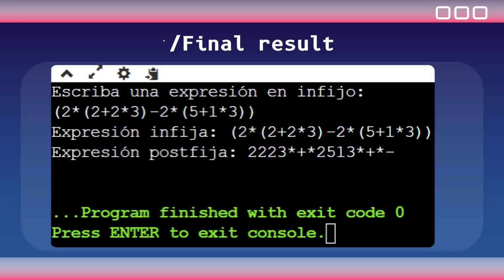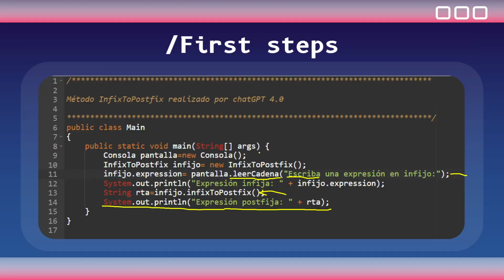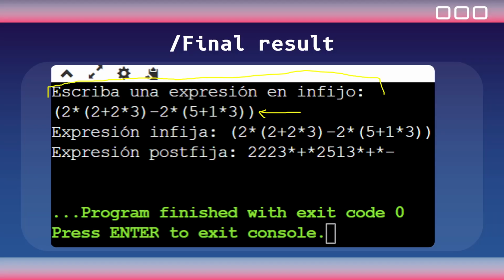Now, this is our example. Escriba una expresión en infijo. This is our expression by console. Why? Because I told you that this console is just like a scanner, okay? And this will receive our expression in a string. So this is our expression, and first we print the expression in infix, okay?